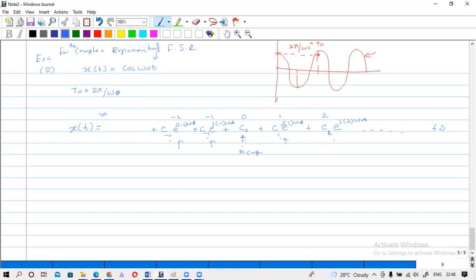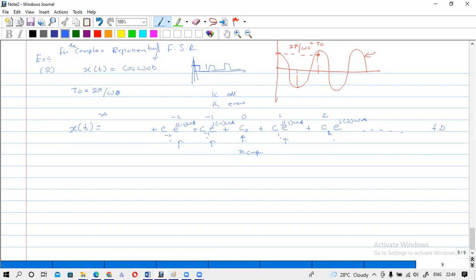In the previous example, we saw that not all harmonics are available. We found the Fourier series of this kind of signal, and you can see that only when the k values are odd, you will get some coefficients. For even k values, you will not have the coefficients.